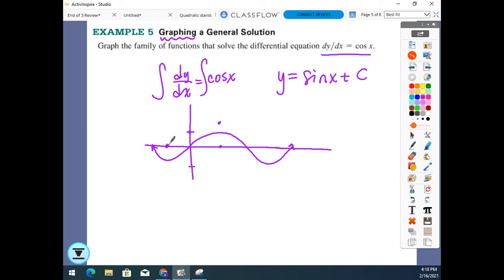Everything is up 1. What if it's negative 1? Everything would be shifted down 1.